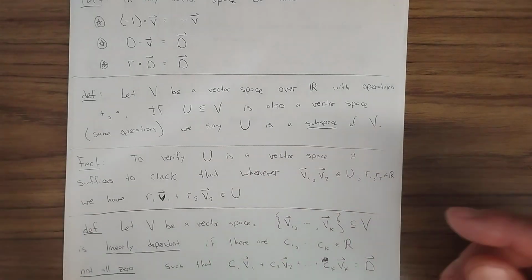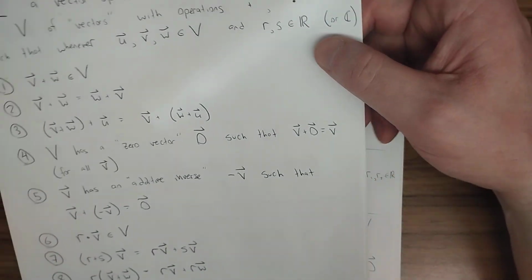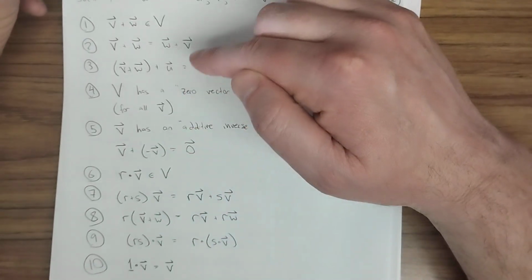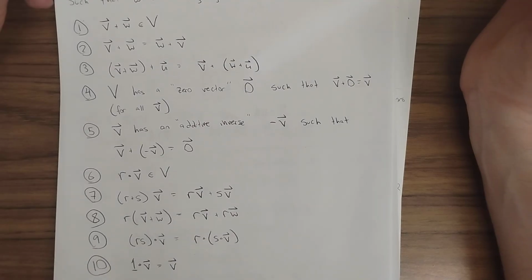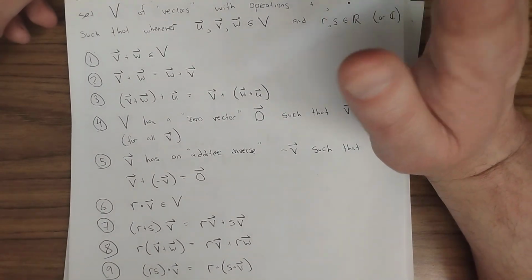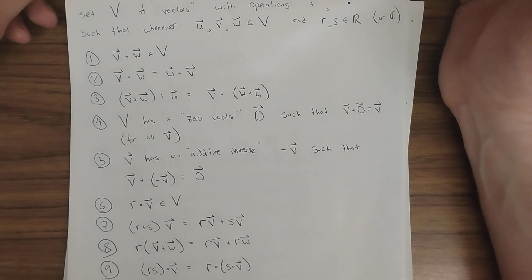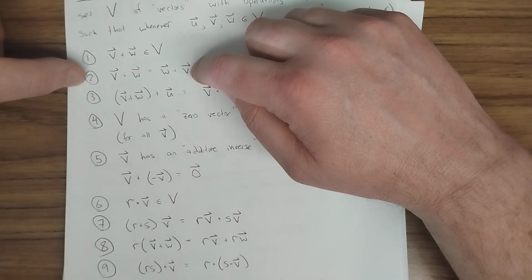I'm going a little fast here, but that's basically because I'm just putting up the first page again with all of these properties. A lot of them are inherited, meaning that they're automatically true just because everything in U is already in V and we're using the same operations. Like property 2 is inherited.